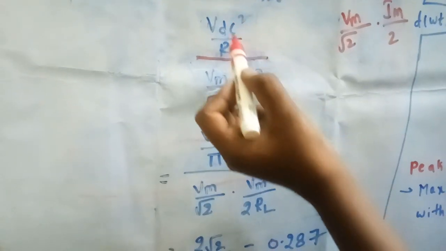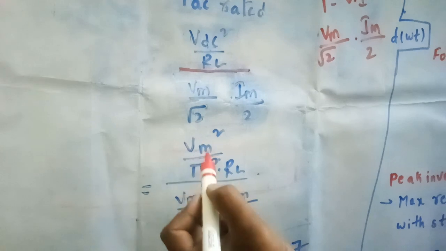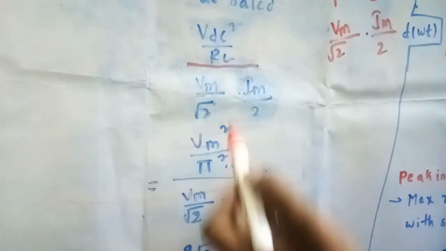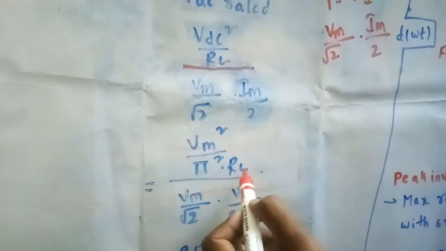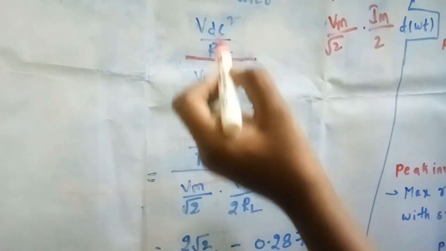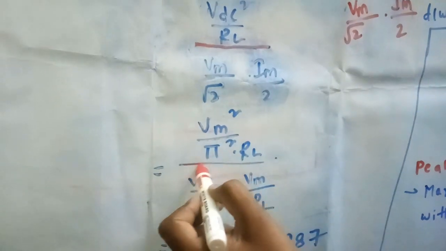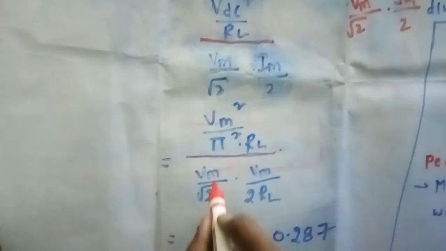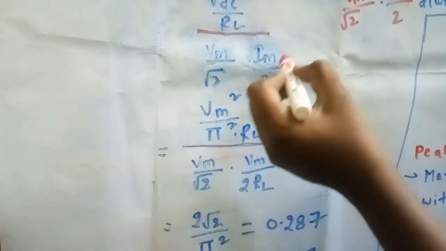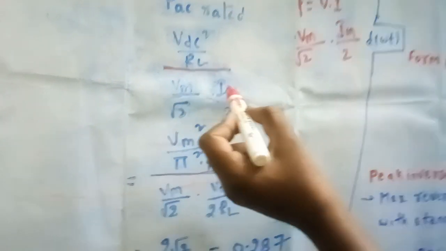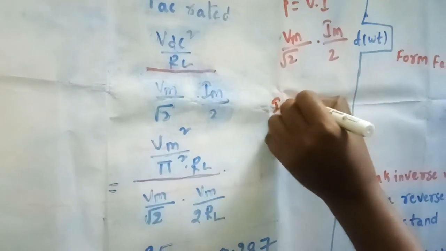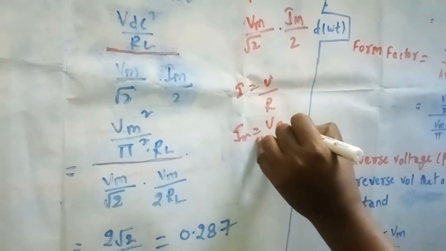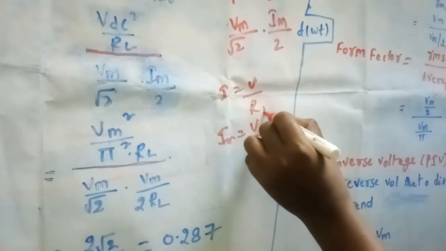Then VDC we already know is Vm by pi. Squared, we have Vm square by pi square, and RL is already in the denominator. So Vm square by pi square into RL in the numerator. Coming to the denominator, we have Vm by root 2 into Im. Here we don't know the Im value, so I am writing it in terms of V. I is equal to V by R, so Im is equal to Vm by R, where R is RL.